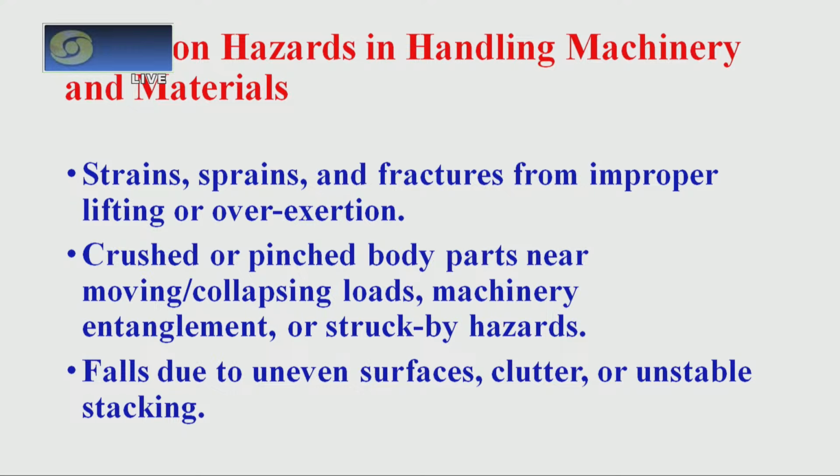And also, if a worker is exerting too much, then strain and sprain may come into the body of that worker. So these are the reasons for strain, sprain, or even fracture in the body parts of the worker.